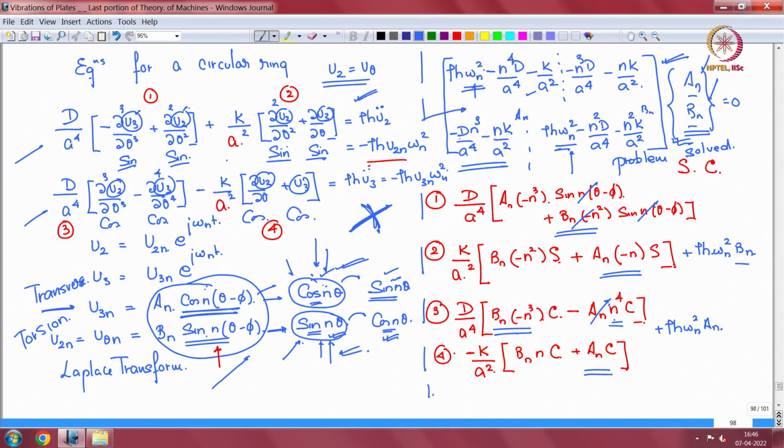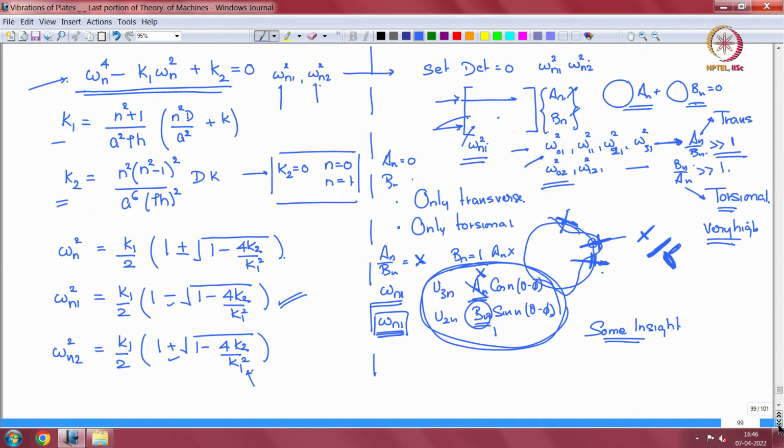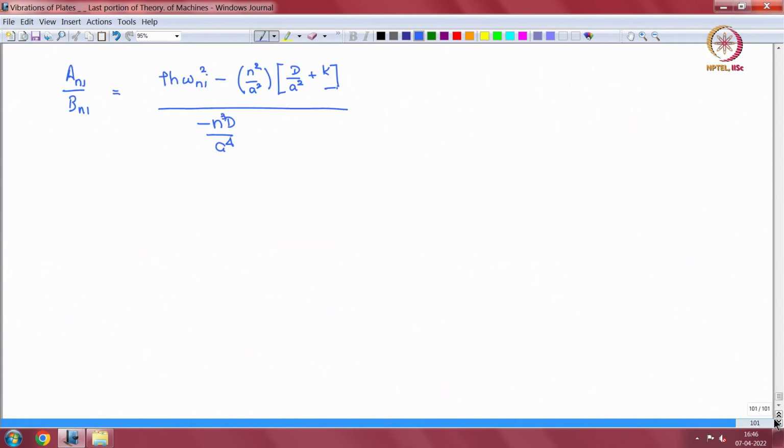Okay, minus n cube d by a 4 minus n k by a square. So we get that minus n k by a square.